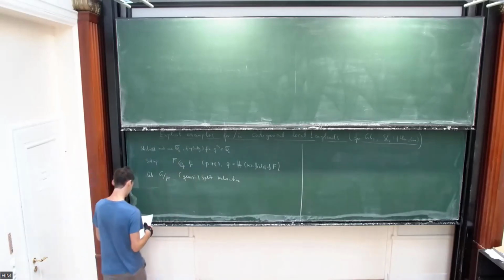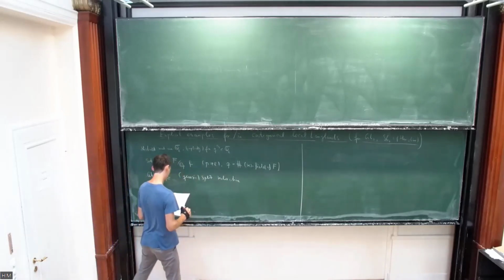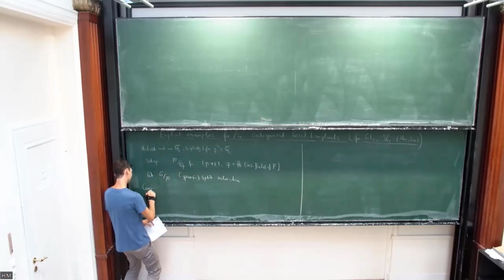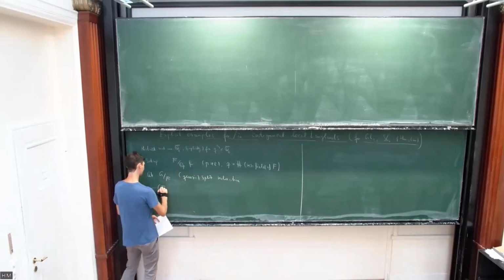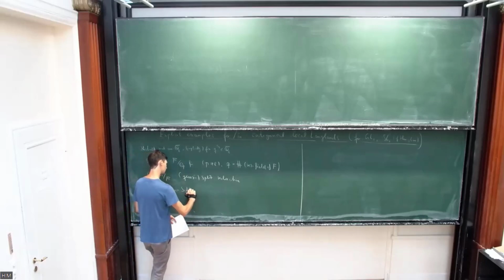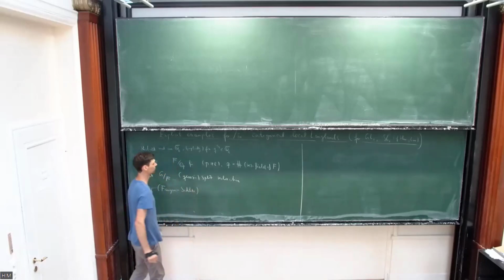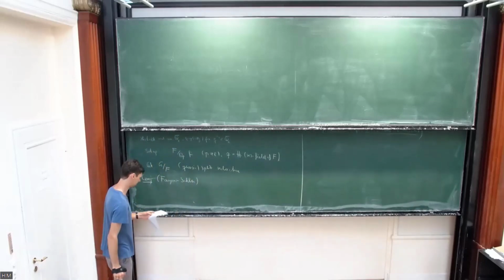Let's, in order to write down the conjecture, take this quasi-split reductive group.